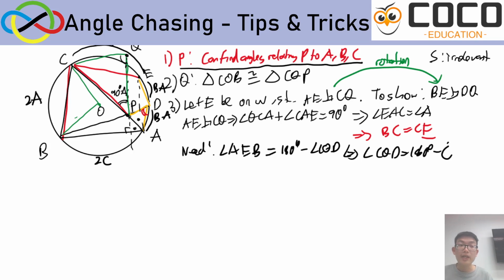Now, how that would happen, I might say, do I have any place in the diagram where there is going to be a 180 degrees minus C? The answer is not really, because this is C, which means 180 minus C would have been somewhere down here, but that's not very useful.